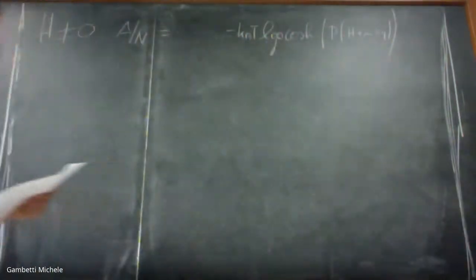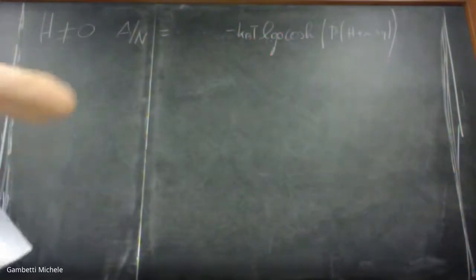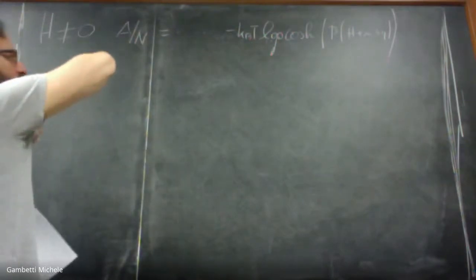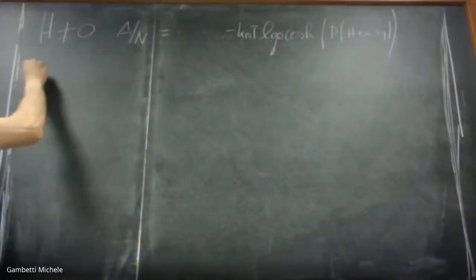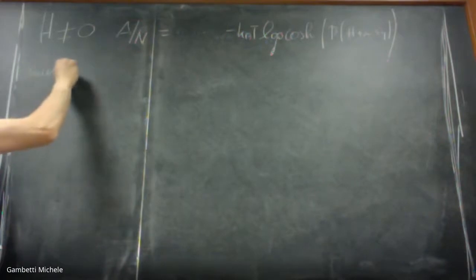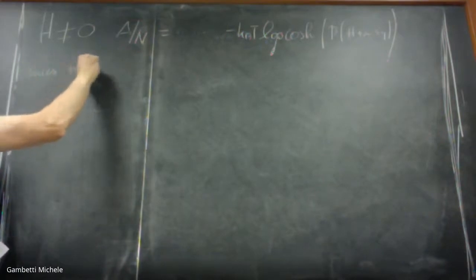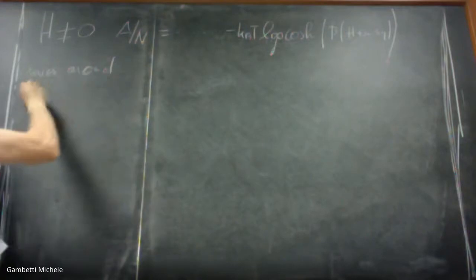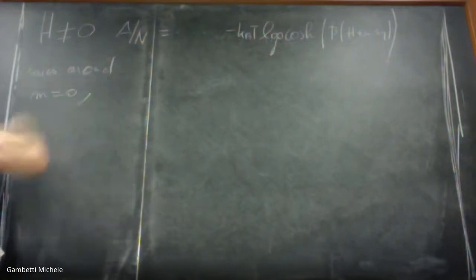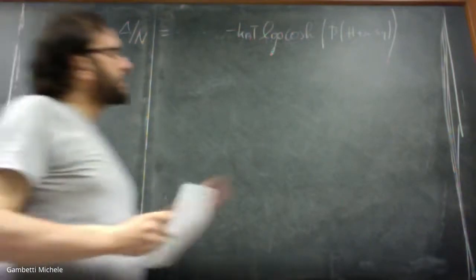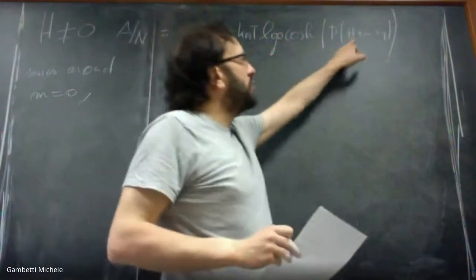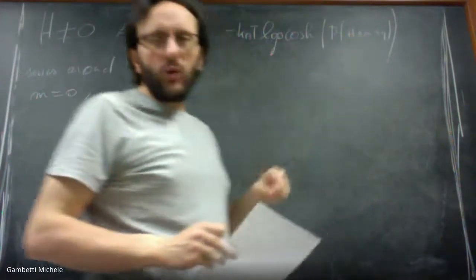Now, since I was doing a series expansion around m equals 0, in presence of h different from 0, I will have also a linear term in m.